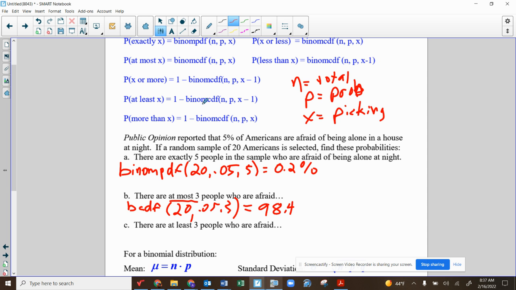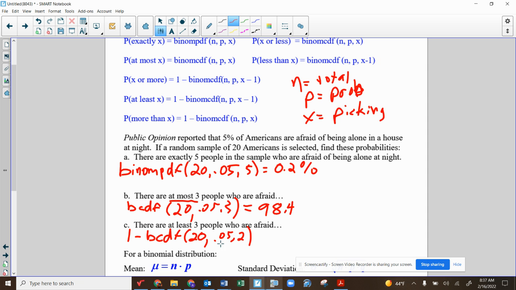And then the last one, there are at least. So here's the at least. So we're going to follow along with that formula. So that's 1 minus binomial CDF 20, 0.05. And then it says to do X minus 1. Oops, that should have been there. That should be a comma. Let me erase that, sorry. And then 3 minus 1, so 2.